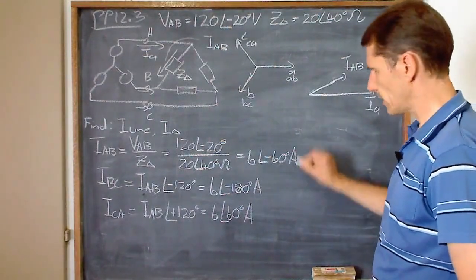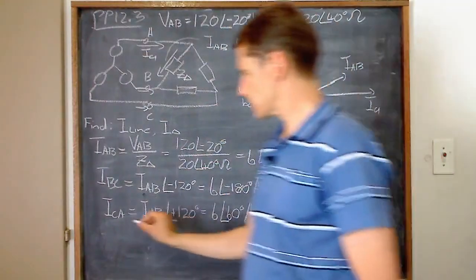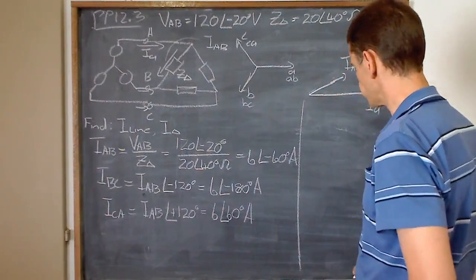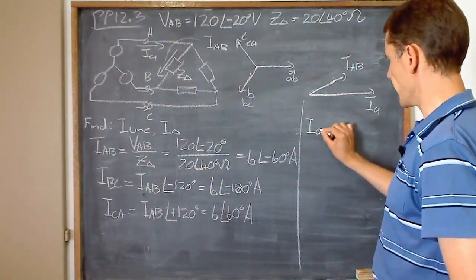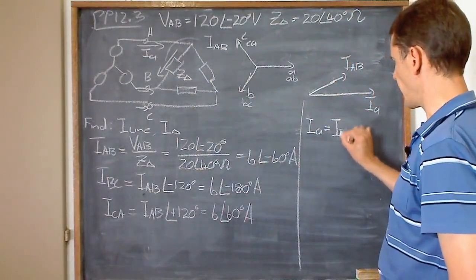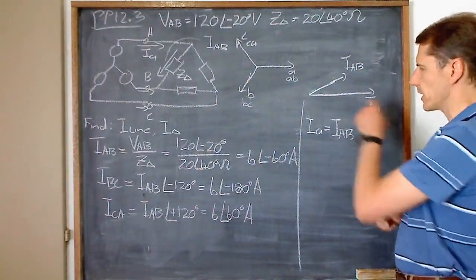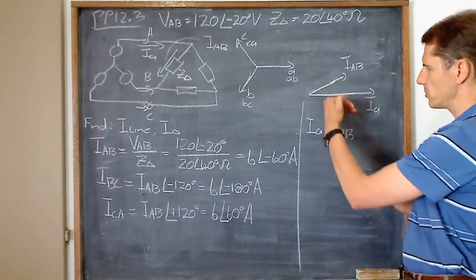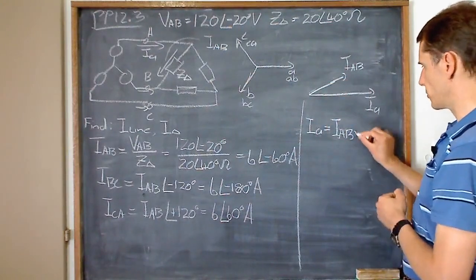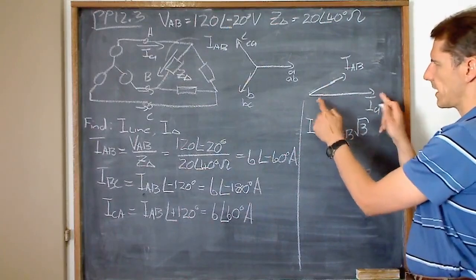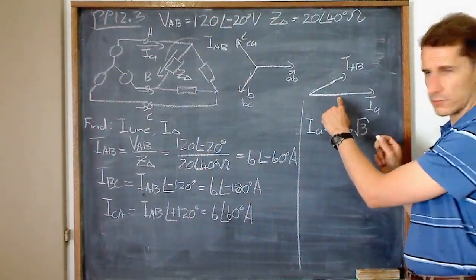So, for the sake of space, we'll fit it in here. IA equals something times IAB. What do I have to do with IAB to get to IA? I need to multiply it by root 3, because it's the longer one, and I need to add or subtract?